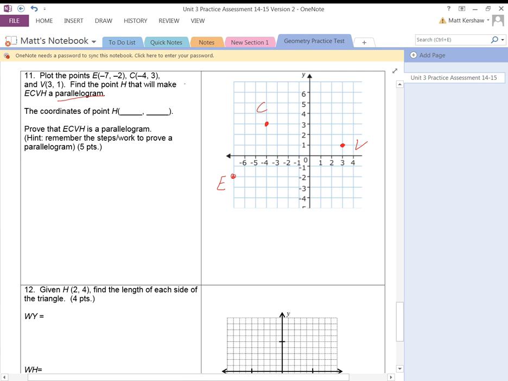And so when we hear the word parallelogram, we're probably thinking of some shape that looks like this. And remember, in a parallelogram, the opposite sides are parallel. All right, so think about this.